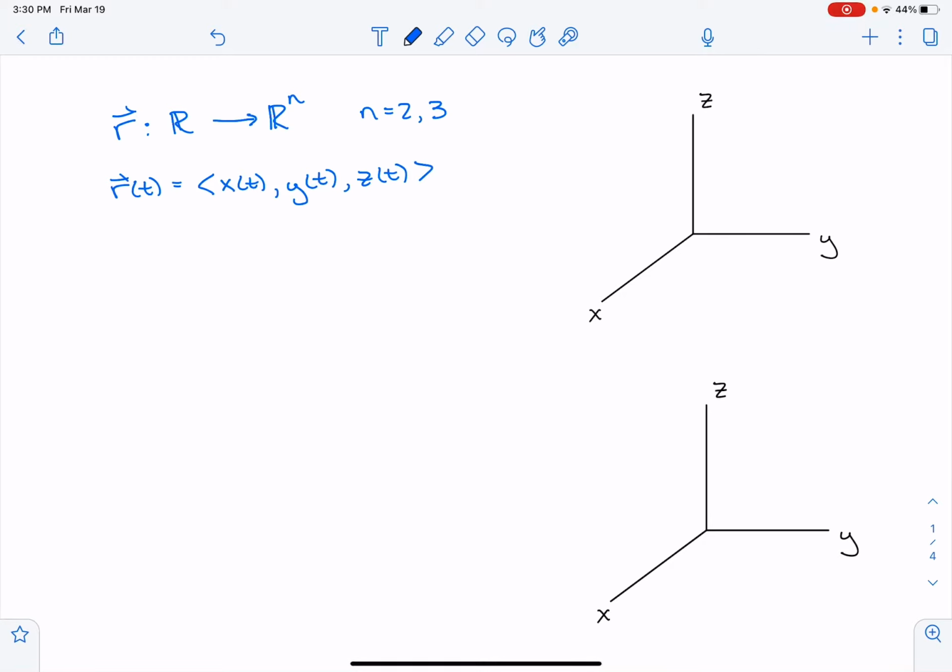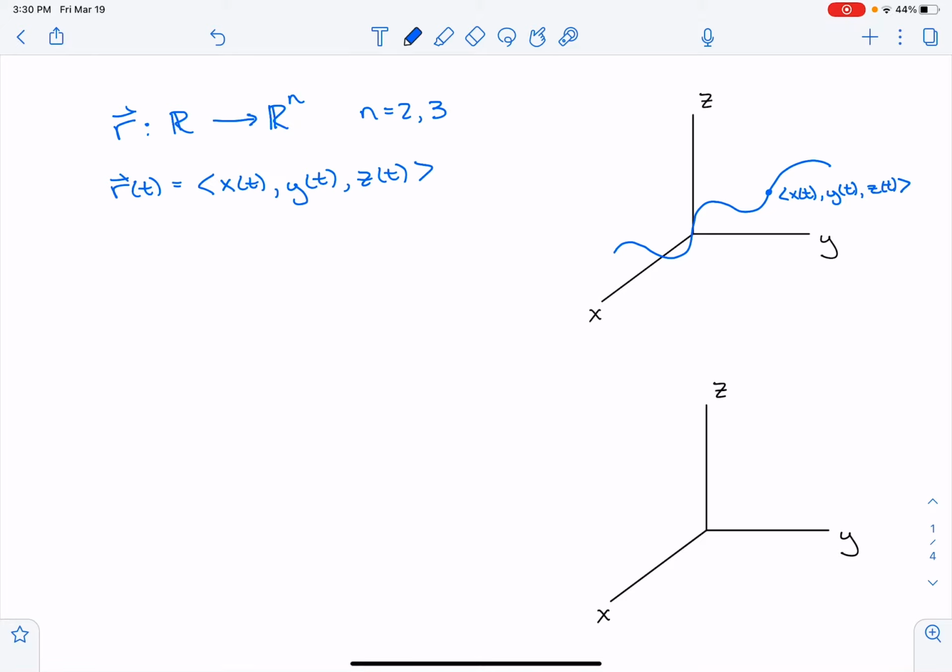So if I'm trying to describe a particle that's moving in space like that, at every time I get a vector which represents the x, y, and z coordinates.